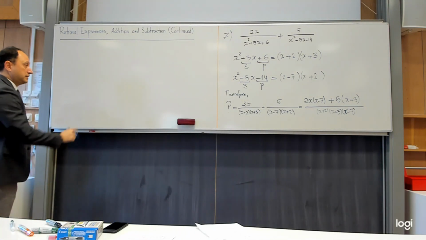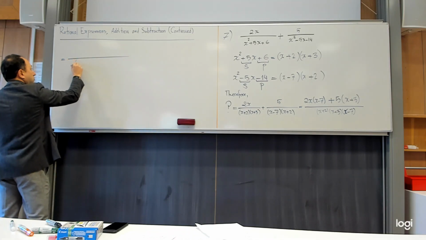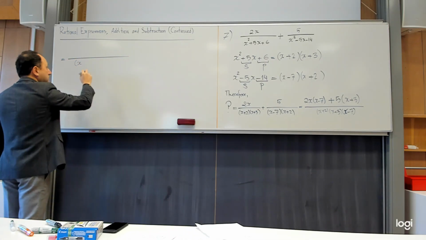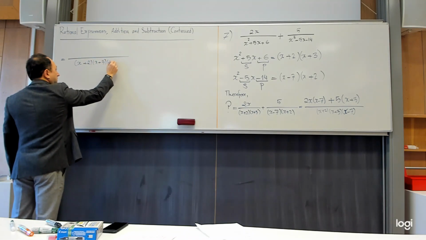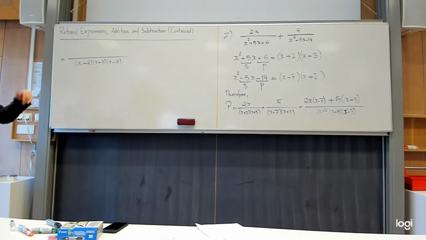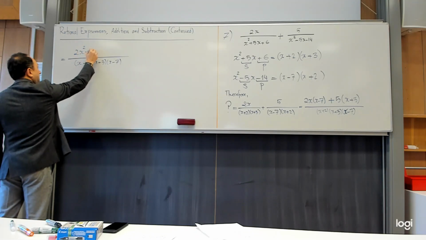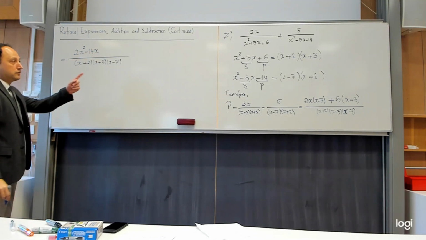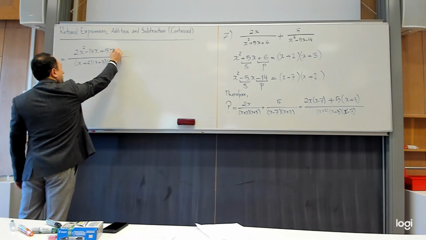Okay, so simplify the numerator. If you listen to my recommendation, you will not multiply the denominator, so don't touch it and just copy and paste it. So this is the denominator, but in the numerator you know what to do. You have to multiply. So this becomes 2x squared minus 14x, and then I have to multiply that 5 inside, so it becomes 5x plus 15.